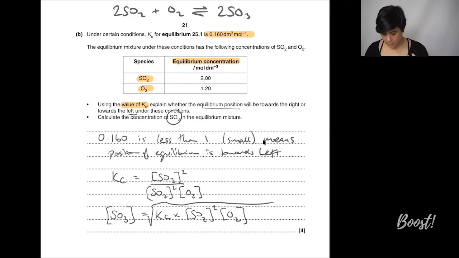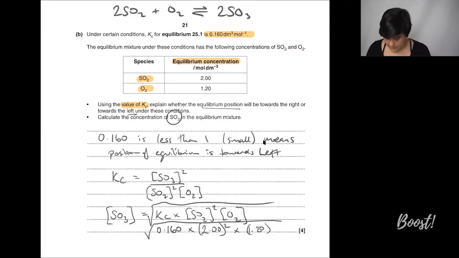Okay, so we've got the value of Kc is 0.16, and we have SO2 is 2.0. So we square that, and then we've got 1.2. So type that all into a calculator, and that should give you your concentration for SO3.